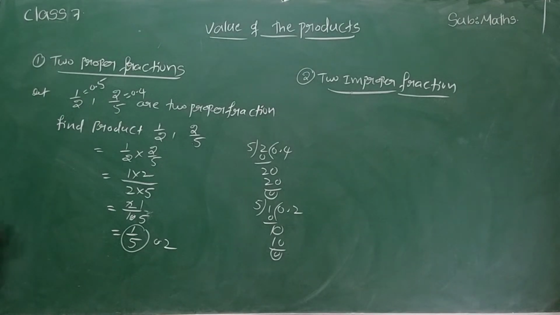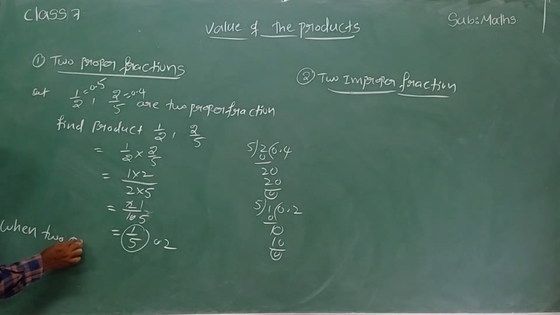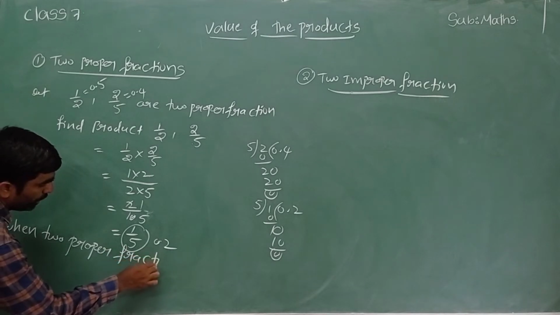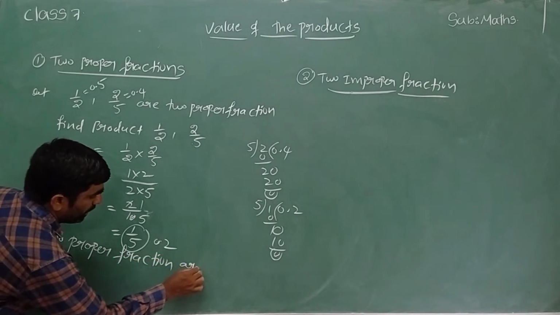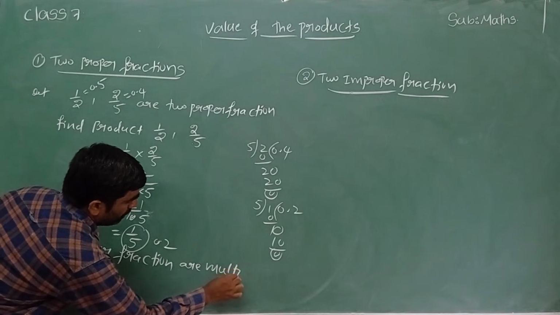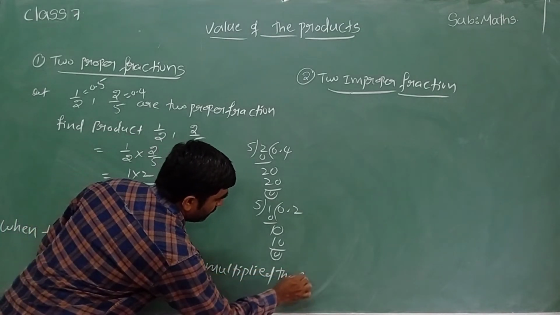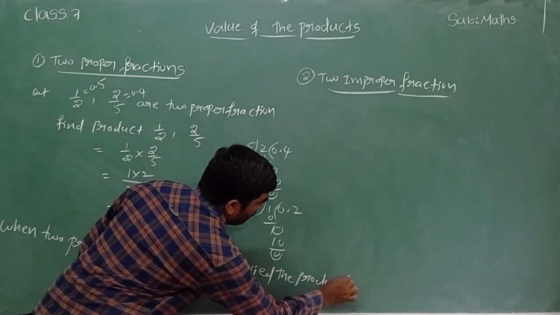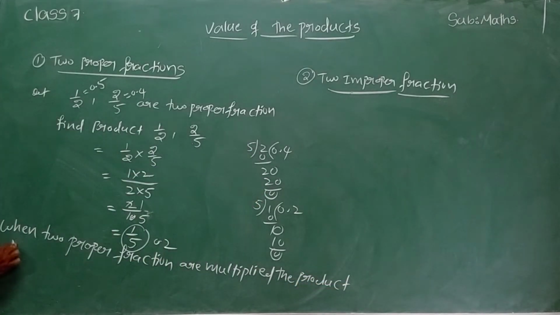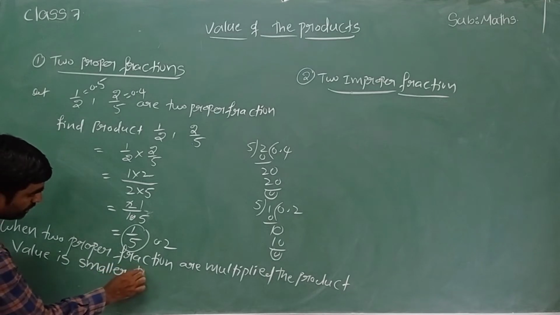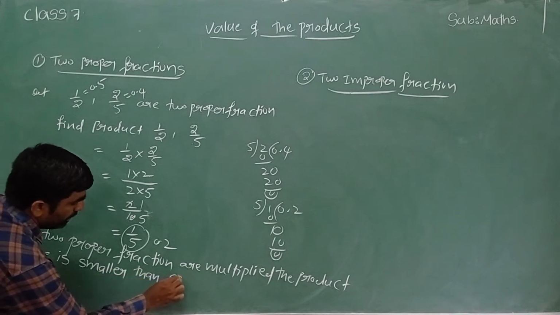What is the conclusion? When two proper fractions are multiplied, the product value, what can we say? The product value is smaller than each fraction.